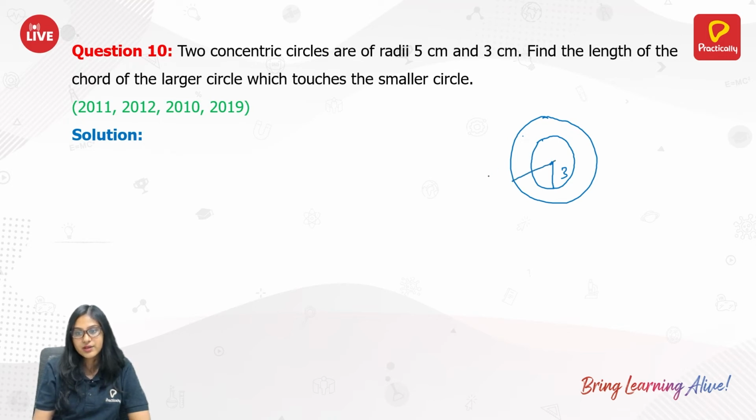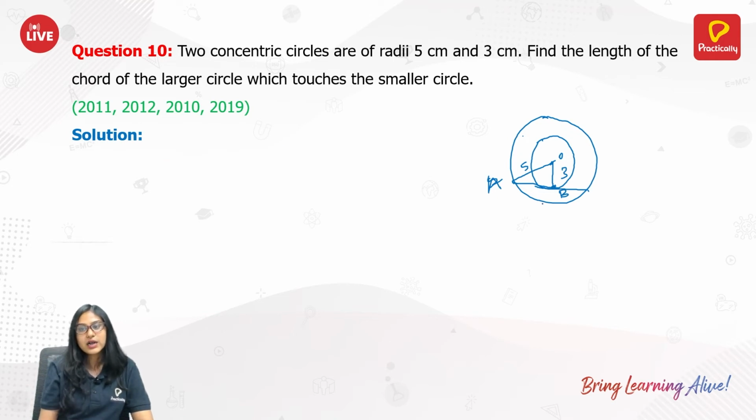This will be 5 centimeters. This is A, this is B, this is O. Now, find the length of the chord of the larger circle which touches the smaller circle. So, it will be somewhere like this, correct? So, we have to find length of AB. Sorry for the messy diagram, but please do it carefully in your exam, okay?